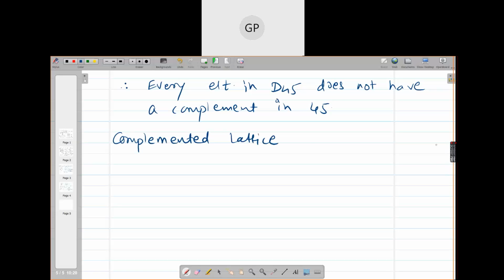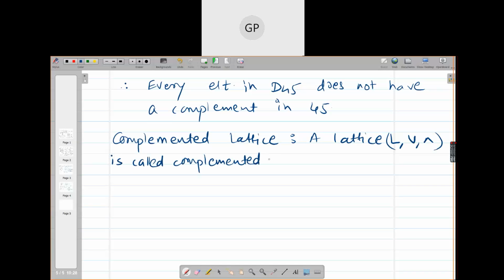A lattice L, join meet, is called complemented if it is bounded. This is very important because if the lattice is not bounded, then it will not have a least element and a greatest element, and then you cannot find the complement. So it should be bounded.